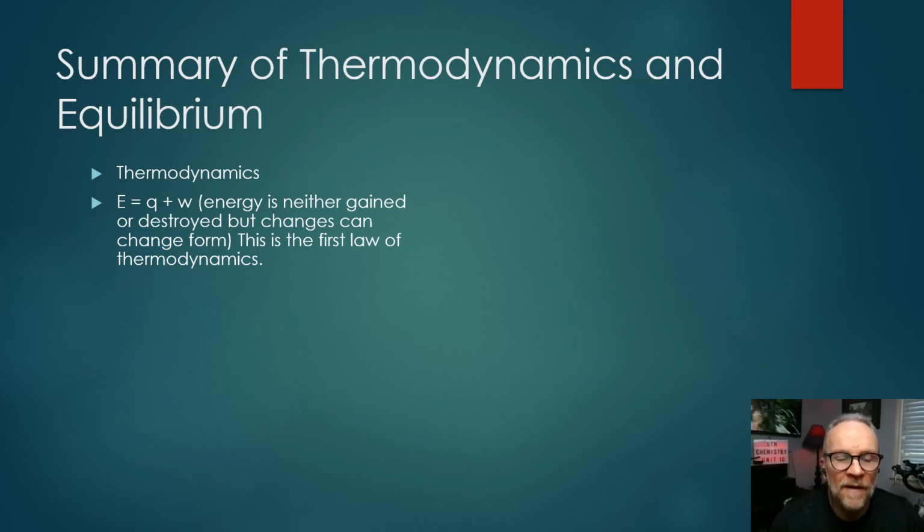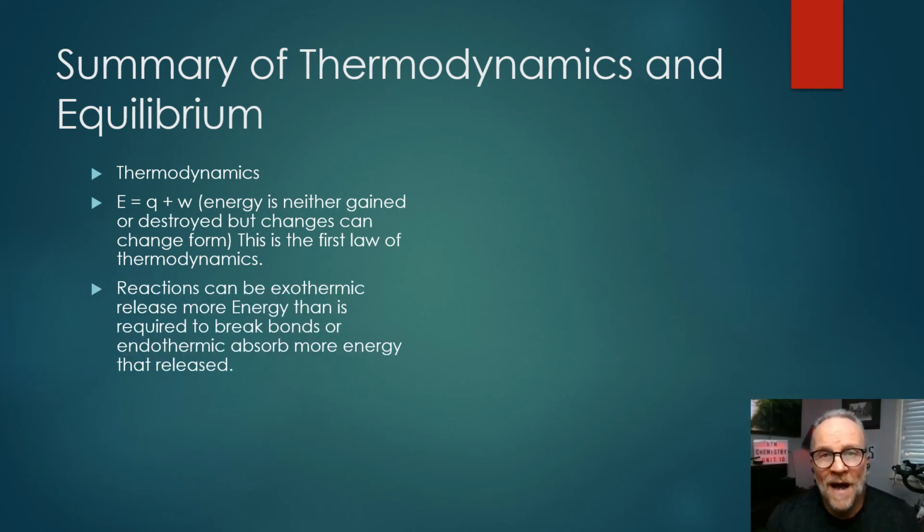We said that in any chemical system, the system has the ability to do work or move an object over a distance, and it also had the property of heat. And we said that some of the energy involved in those systems is lost to heat. We said that chemical reactions can either be exothermic or endothermic.